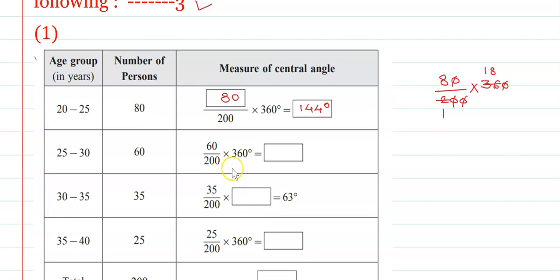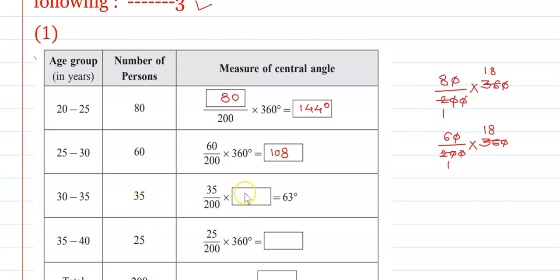Now what about the second angle? 60 upon 200 into 360. Again these two zeros get cancelled, 2 ones are 2, and this is 18. Therefore 18 into 6 will get 108.